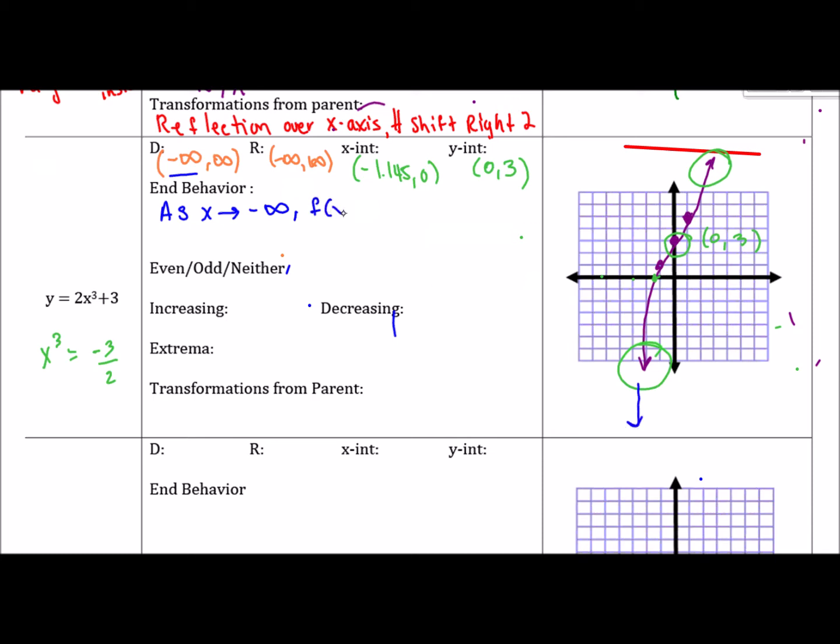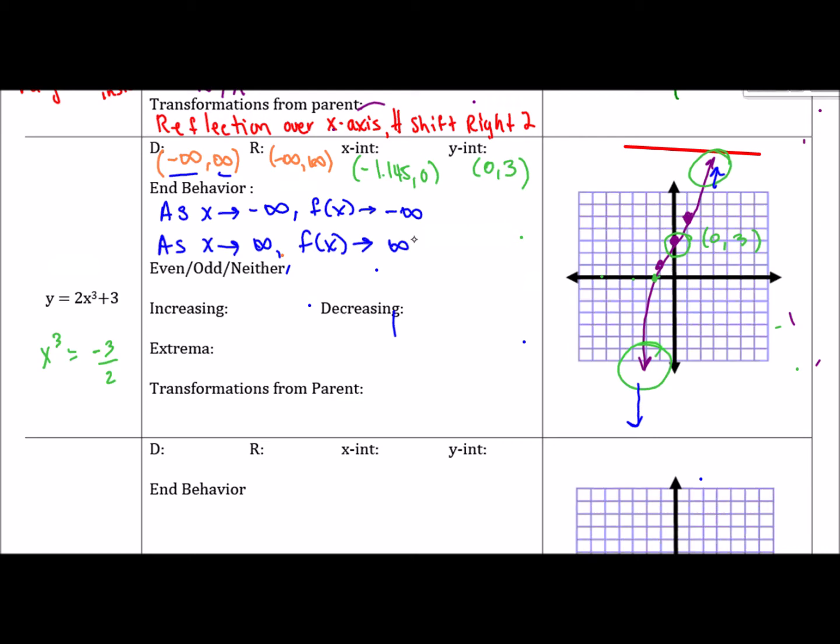So you would say f of x goes to negative infinity. Describing the right side starts out with as x goes to, how far right can it go? Forever, according to the domain. Then f of x goes to, looking at this end, now we're shooting up, which means we're going to go to positive infinity.